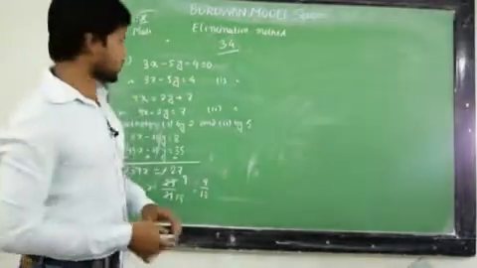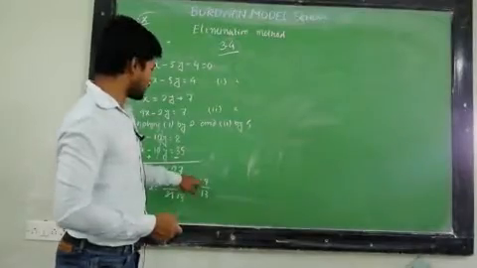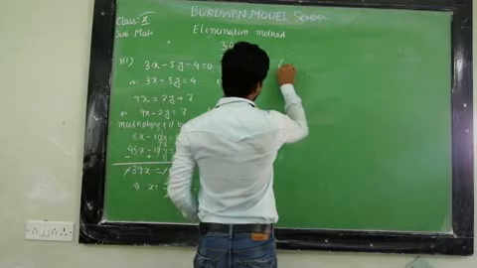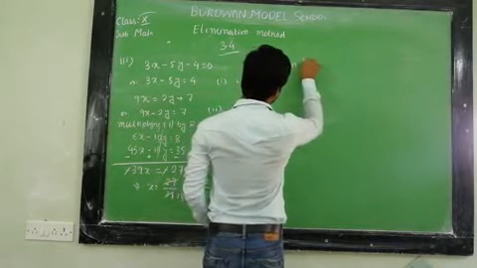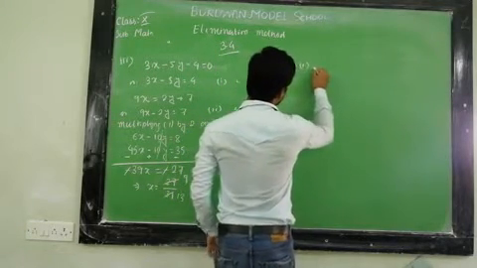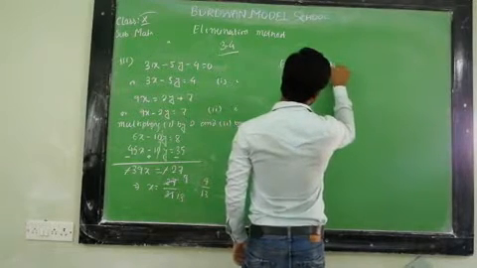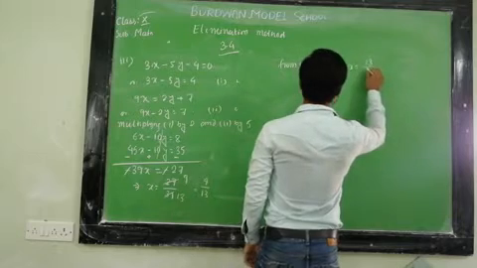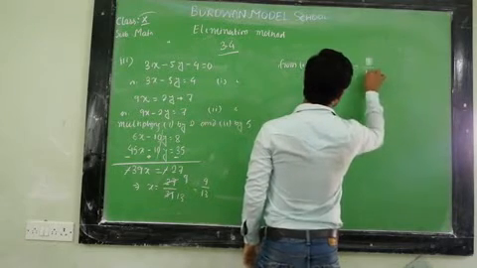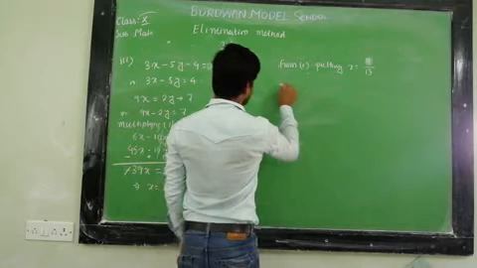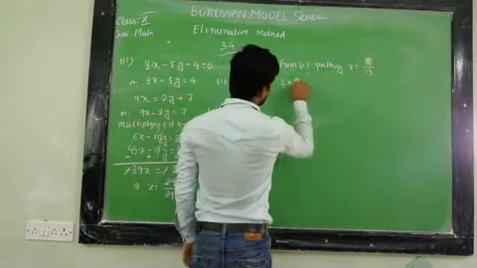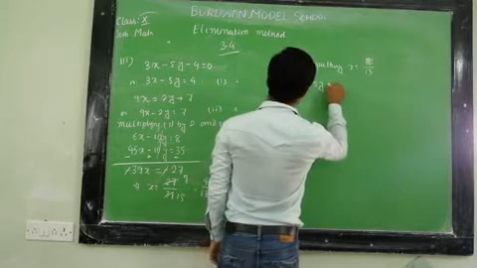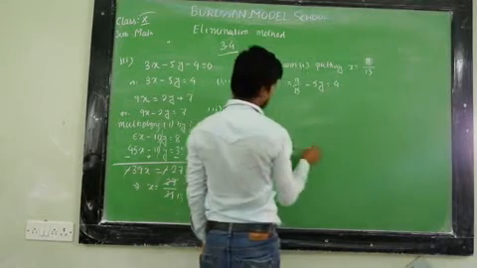So if we substitute x equal to 9 by 13 in equation number 1, then from 1, putting x is equal to 9 by 13, we have 3 into 9 by 13 minus 5y is equal to 4.